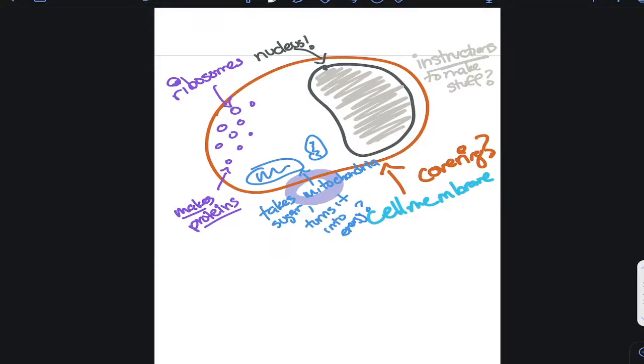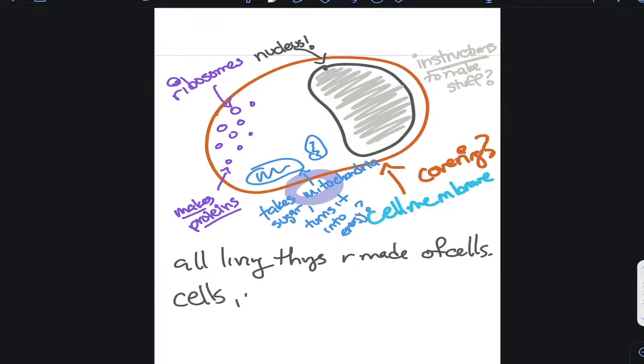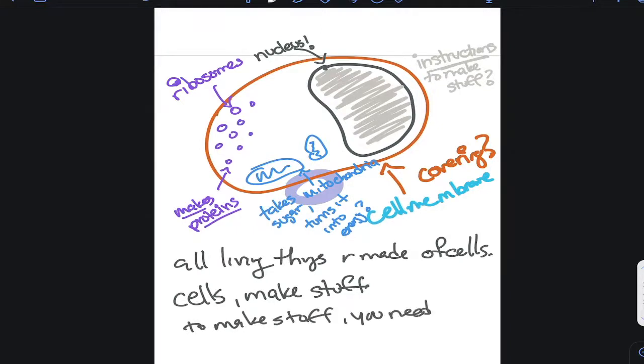So remember that all living things are made of cells, and the whole point of cells is to make stuff. To make stuff, you need energy.